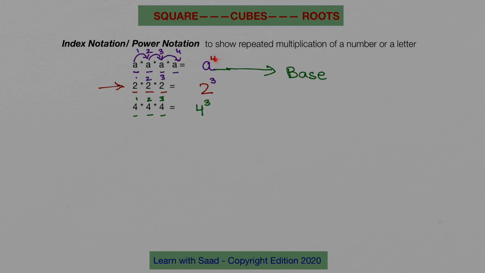Basically this number tells you how many times to use the number in multiplication. So it's the 4 times we have to use A in multiplication.